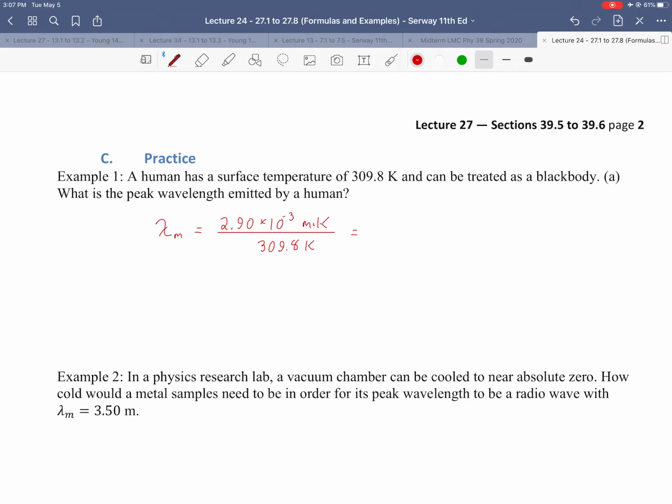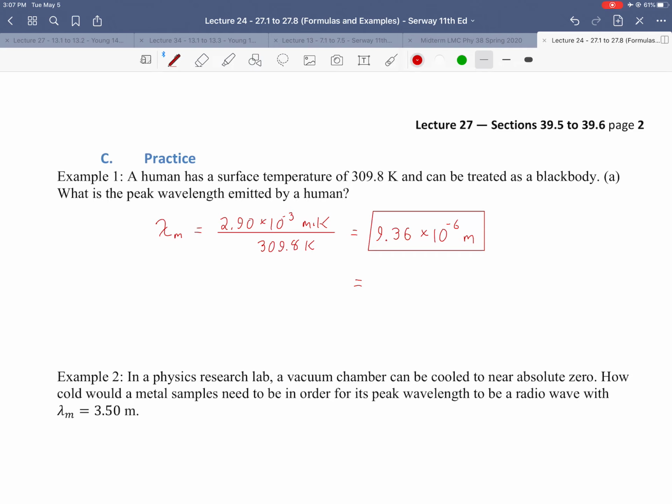When we go ahead and put in those numbers, we get 9.36 times 10 to the negative 6 meters. You can see how those units are going to work out. Again, no conversions necessary. So that's our answer. We can go ahead and put a box around it. It's very much a plug and chug problem.